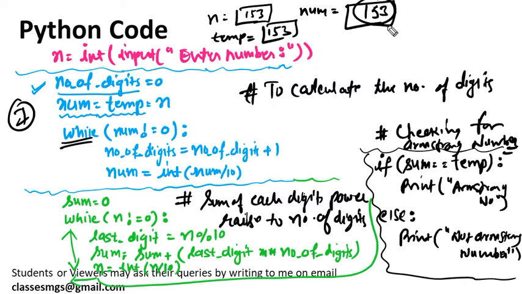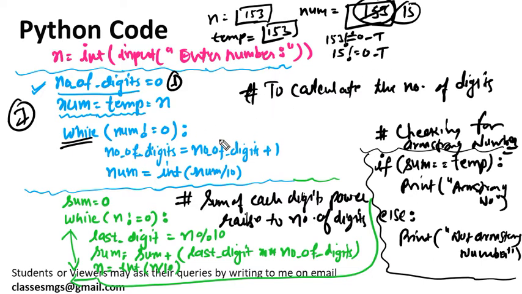This loop executes, num is 153, not equal to 0, so the condition is true. We keep incrementing the number of digits by 1, so it becomes 1, and then num equals num divided by 10, so this number becomes 15, and 15 is not equal to 0.